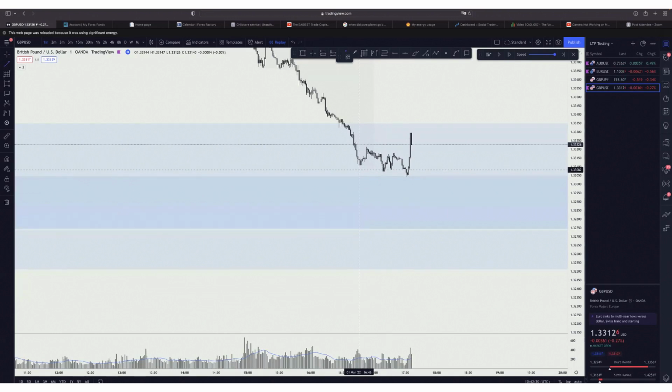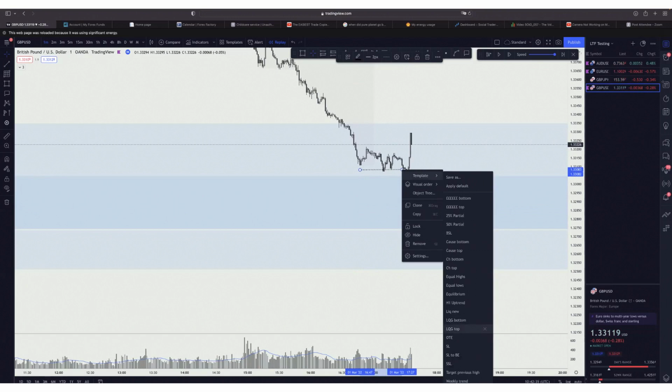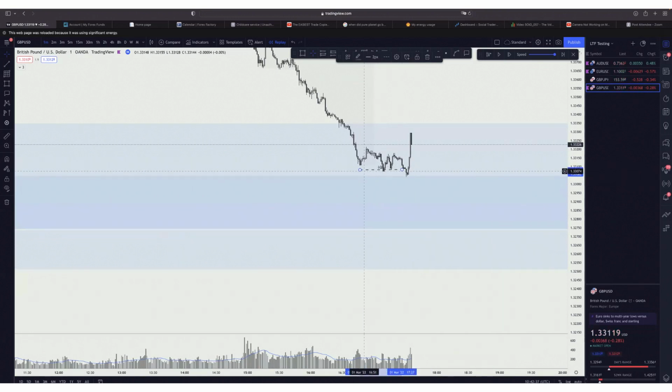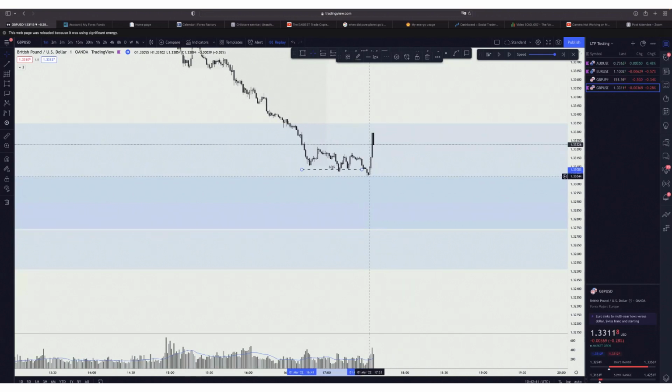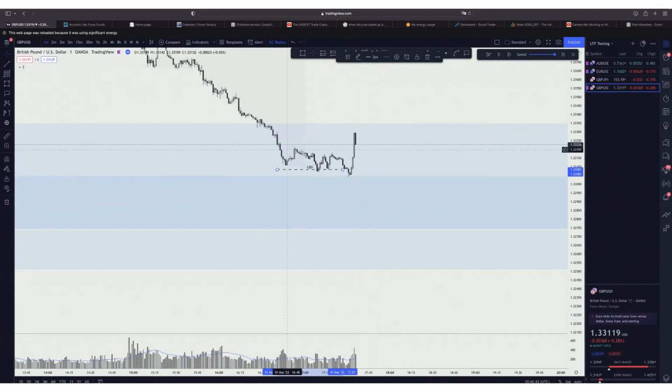Okay, well, essentially that was your liquidity grab. All we've done is fill the imbalance just directly above the 15-minute. It also marked this as a support, as a liquidity grab.